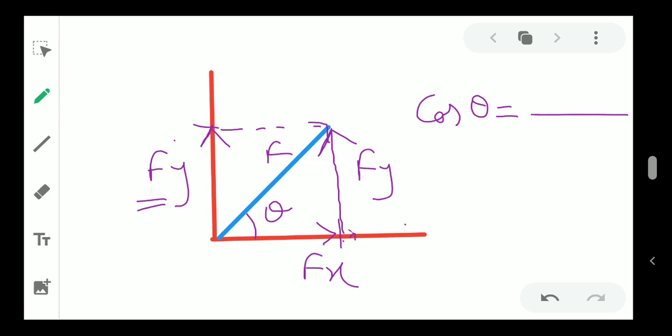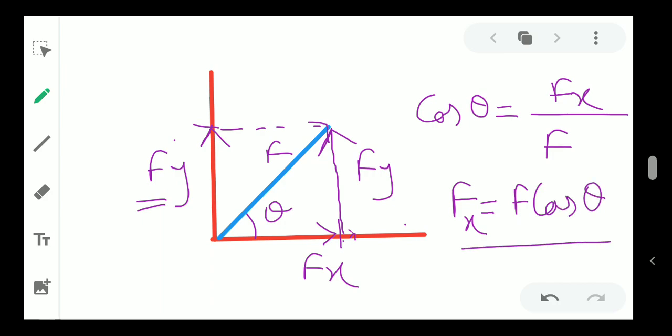My base is Fx, hypotenuse is F. So Fx can be written as F cos theta. The component which is along theta will always be F cos theta; that is always the cos theta component.